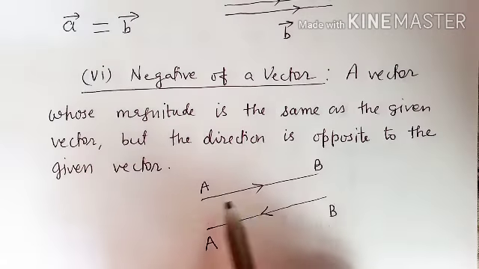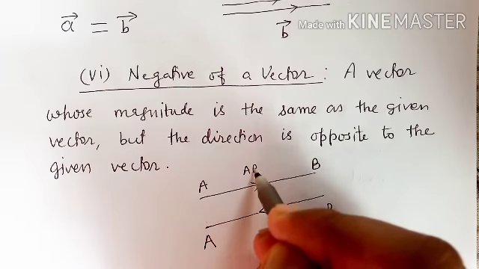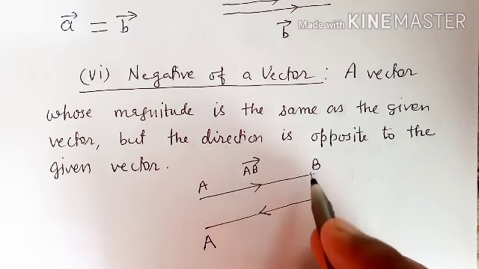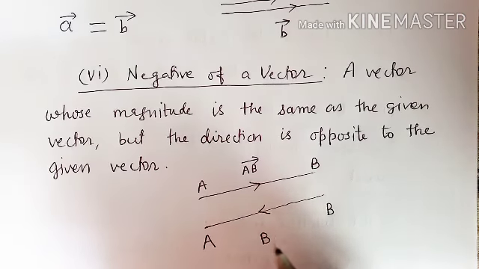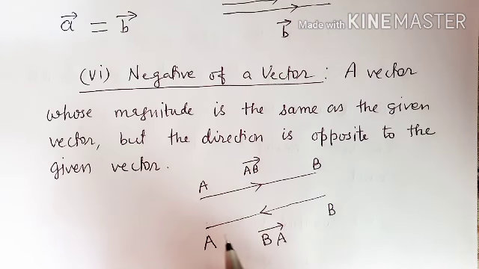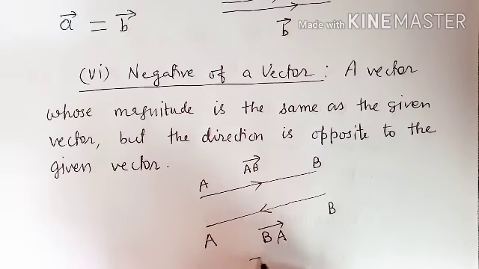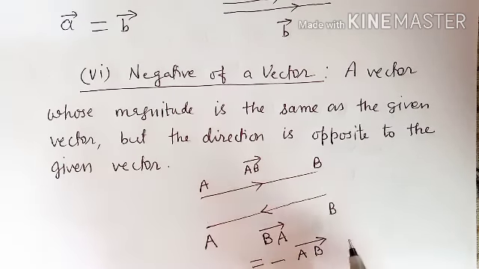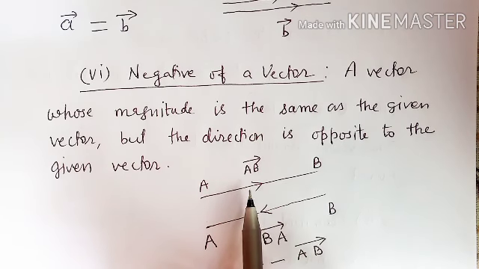We can see this vector AB, whose initial point is A, final or terminal point is B. This is vector BA because its initial point is B and final point is A. This can be written as minus vector AB. Here the direction of vector BA is opposite to that of vector AB, but those are same in magnitude.